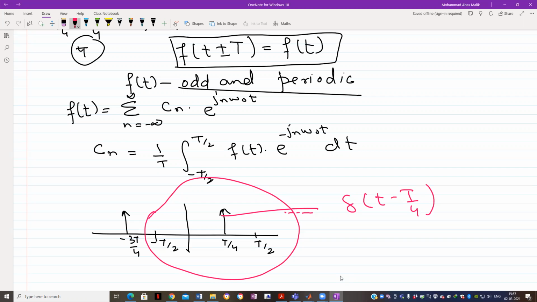So we can say c of n will be equal to 1 by T, integral from minus T by 2 to T by 2, and this f of t between this interval will be delta of t minus capital T by 4 into e raised to the power minus j n omega naught t and dt.